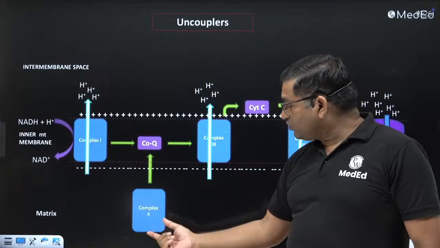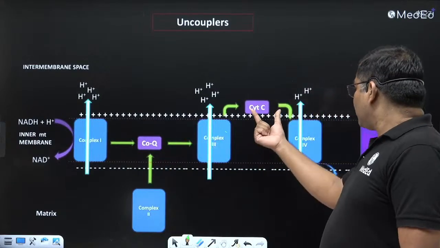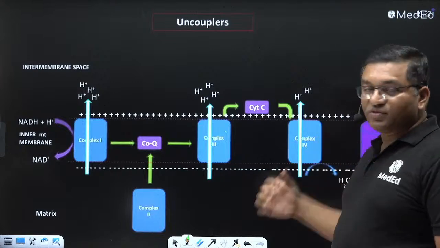From complex 2, it starts from complex 2, then coenzyme Q, then complex 3, then cytochrome C, then complex 4, and then ATP synthesis occurs.